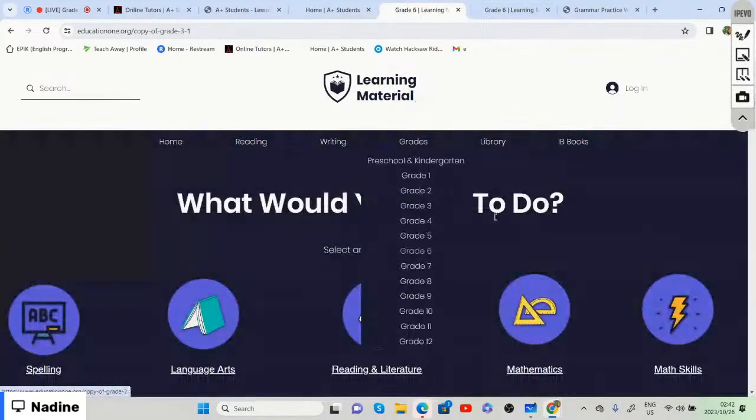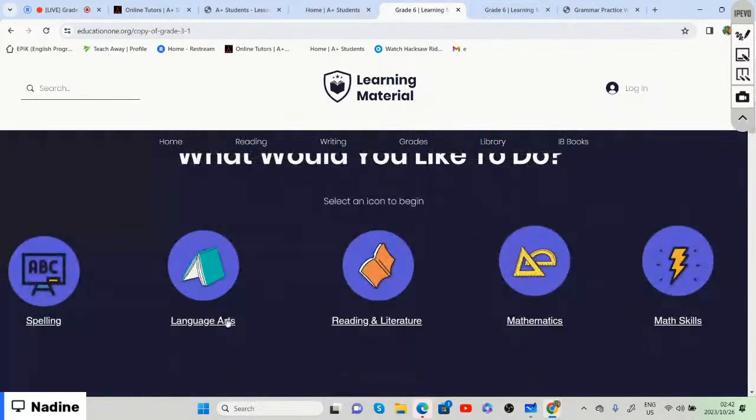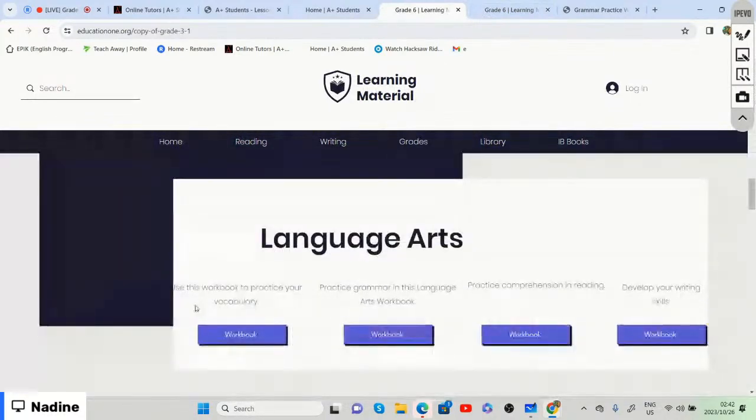Here it says, what would you like to do? We would like language arts, by the green book. Then we have 4 workbooks under language arts.